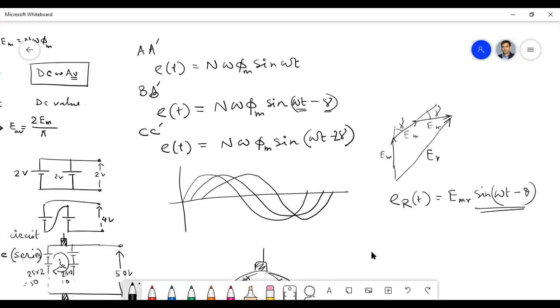Once we have one particular sinusoidal voltage, we can rectify it. By that, we take this negative half and make it positive, like this. So we have a waveform like this. We don't have a sinusoid.